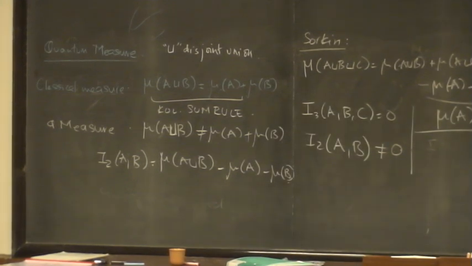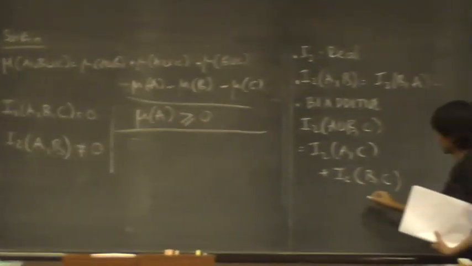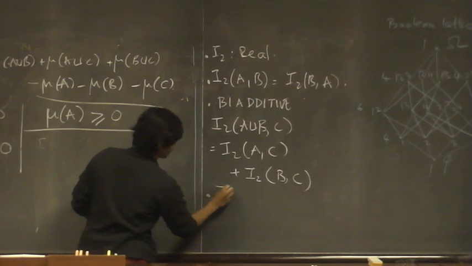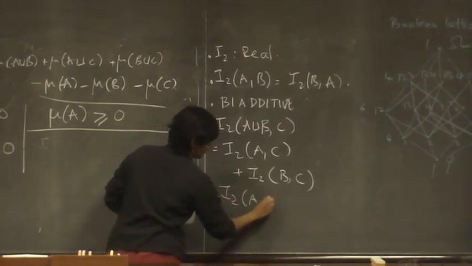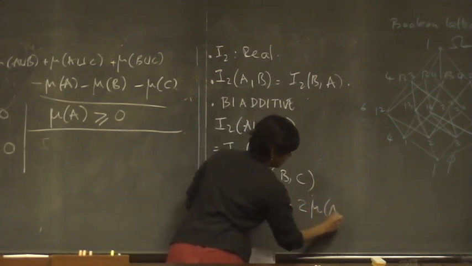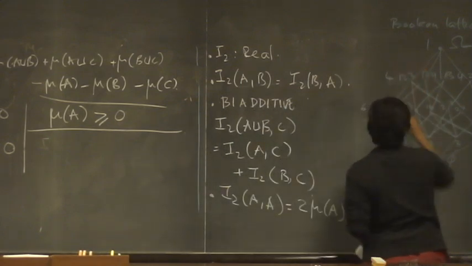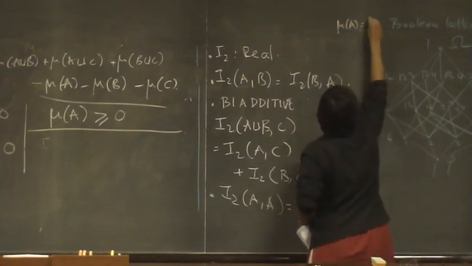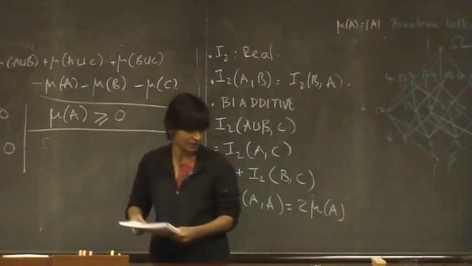If you just took A union B, then using the bi-additivity rule, I2 of A is equal to twice the measure. And I'm going to use interchangeably mu of A as the same as A and so on. Sometimes it's easier to use that.